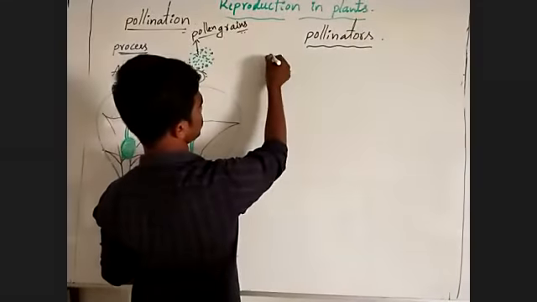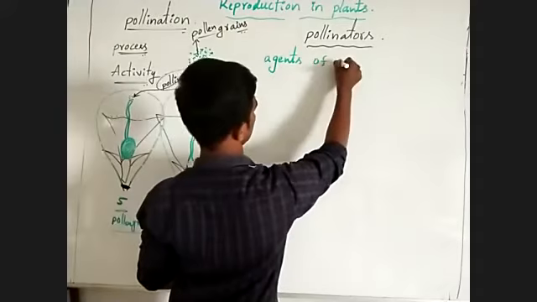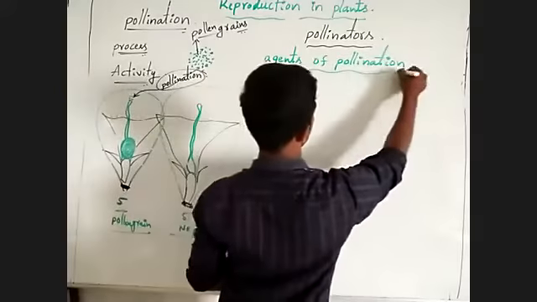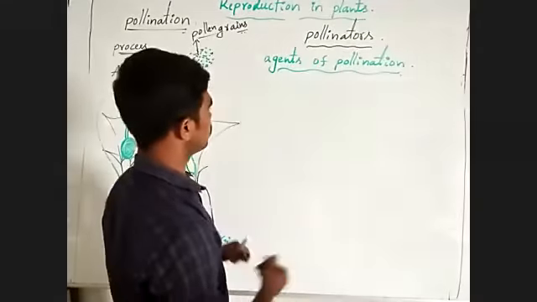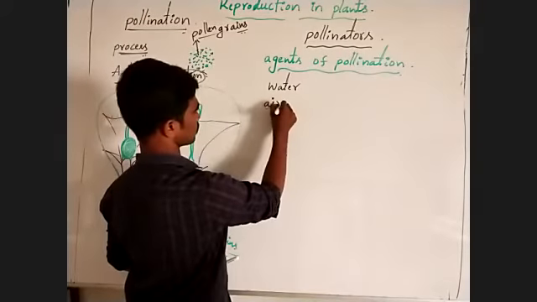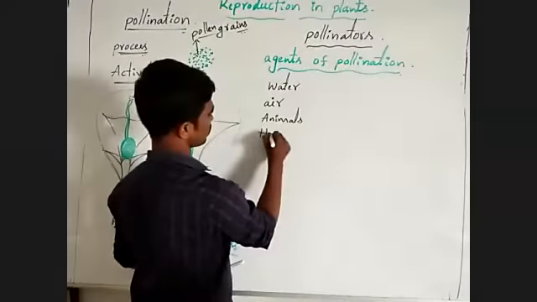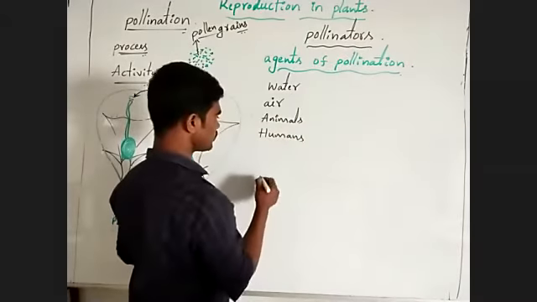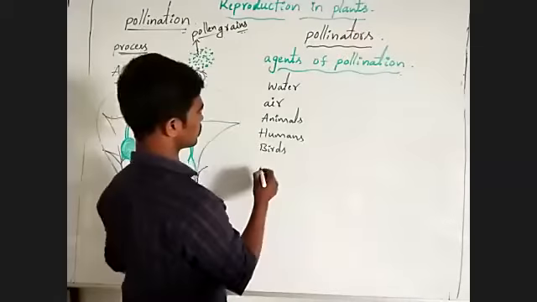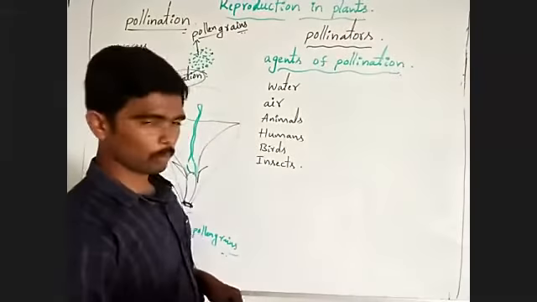They are agents of pollination, mainly water, air, animals, humans, birds, insects. These are the main important pollinators.